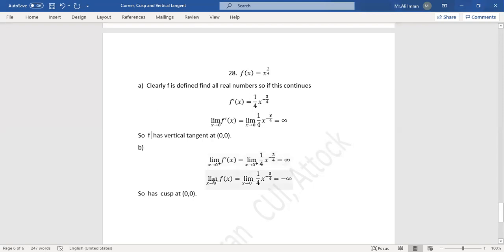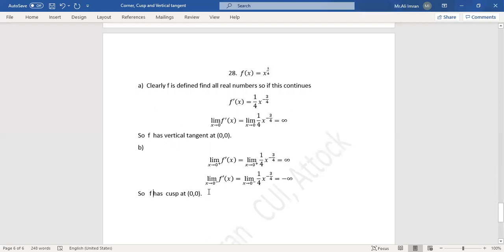If we approach the limit from values less than 0, now the power of x is minus 3/4, so in this case we get the limit equal to minus infinity. So from the right hand side the limit is plus infinity, and from the left hand side the limit is minus infinity. So f has a cusp. For a cusp, we should have both limits infinite with opposite signs. Now the function has a cusp.